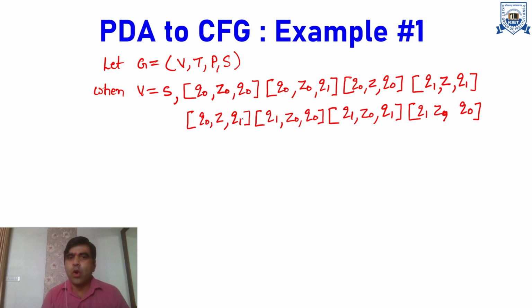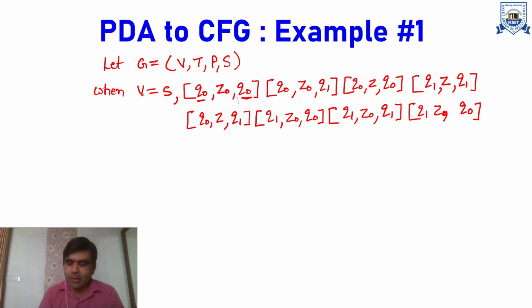So all combinations of Q naught and Q1, because the first position and the last position will take all the values from the set of states Q. In these triplets, the first and last symbols take all values from the capital Q, which is the set of states, and the middle element takes values from the stack alphabet.